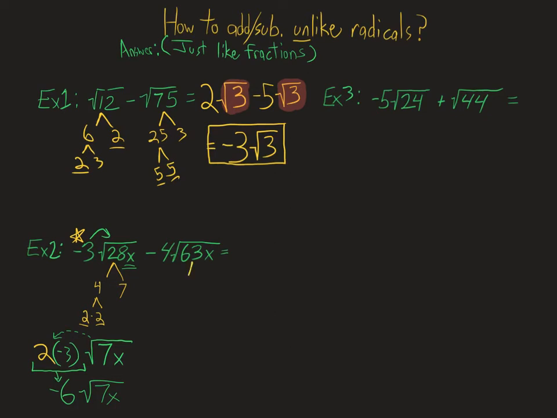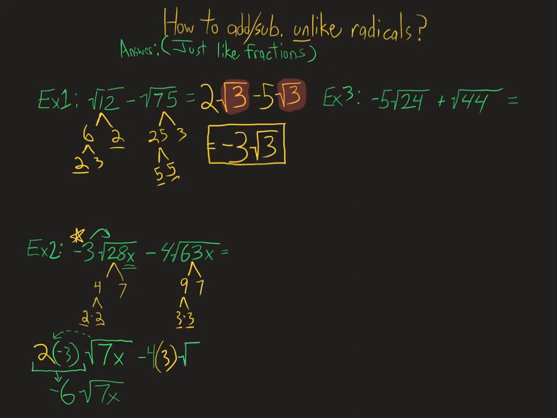Let's try it again. 63. 9 times 7, and that 9 is just 3 and 3. So there's our pair of something we can take out. So it's going to be negative 4, if I can keep my color coding here. We've got the negative 4 that was already there, and then I'll put the 3 on the back. It doesn't really matter. They're going to multiply together, so that pair of 3's becomes a 3 out in front to multiply.